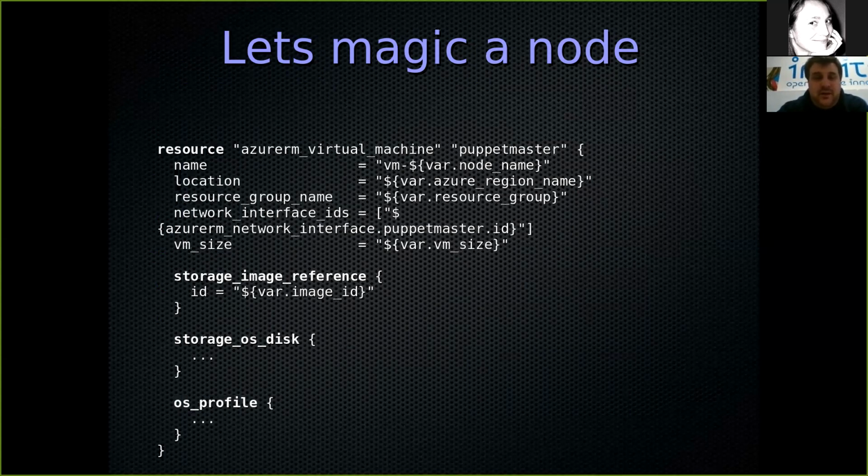You can reference other resources, like for instance the network interface ID that we take from one of the other resources, and then pass it into here. There's several other functionality, like choosing your disk size, and then here comes in the image we built before. So the storage image reference is the reference to the Packer image we built before.